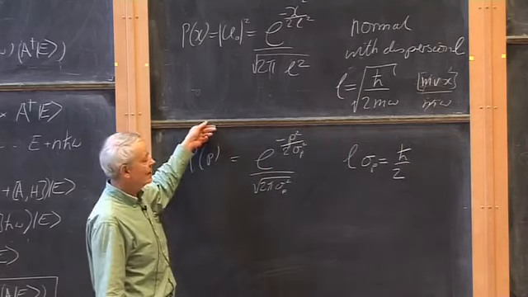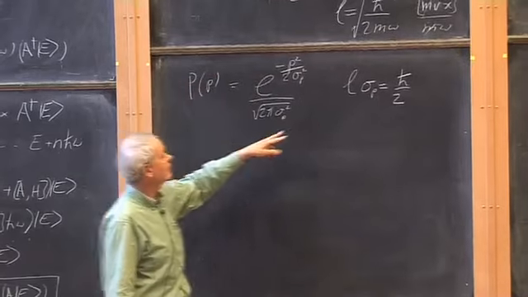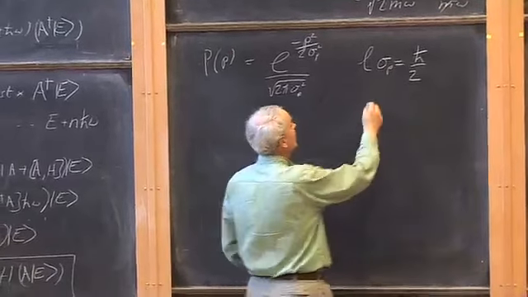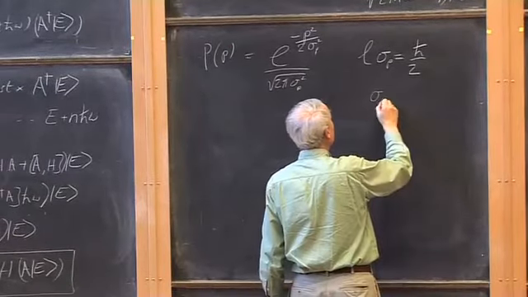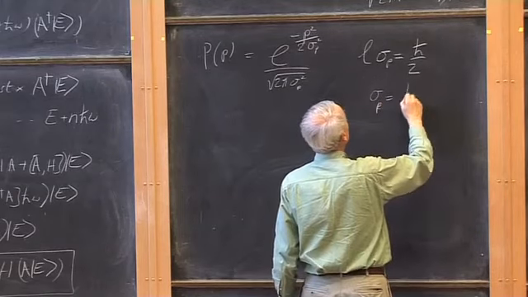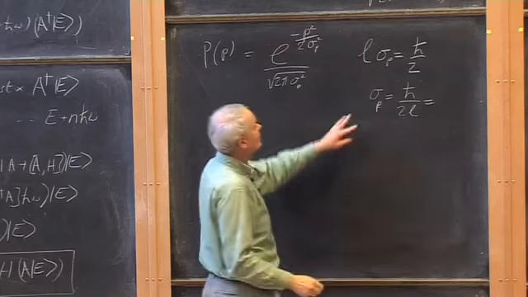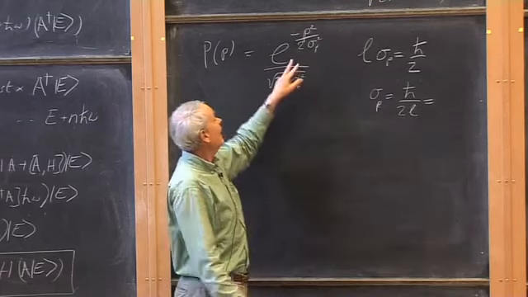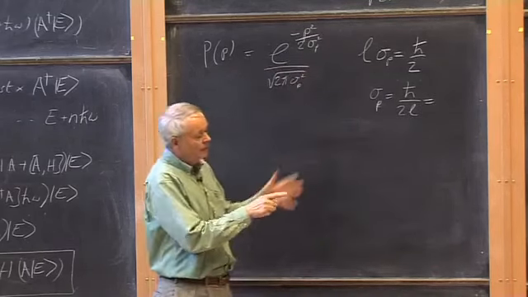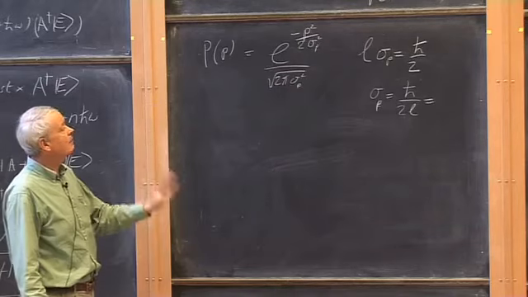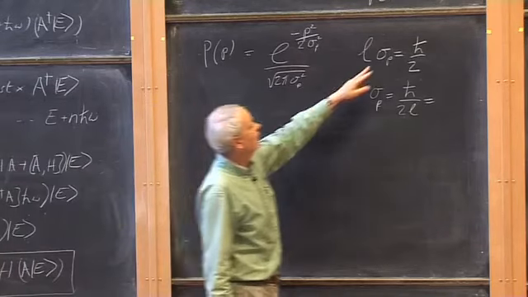This was a result we established when talking about the free particle. So that tells me that sigma p is equal to h bar over 2L. So there's some characteristic momentum that the particle has.